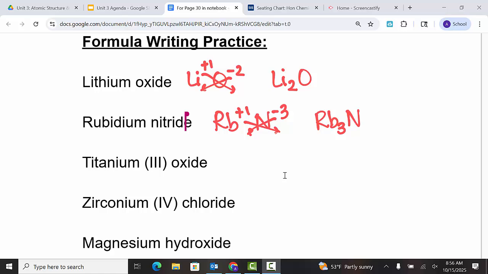Which is valid. So you know because of that 3. Okay? So titanium is Ti. We know it's +3 just because of that Roman numeral 3 there. Oxide is oxygen, which has a -2 charge. We crisscross, it becomes Ti2O3.